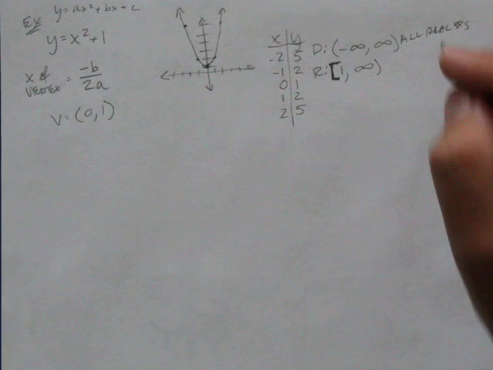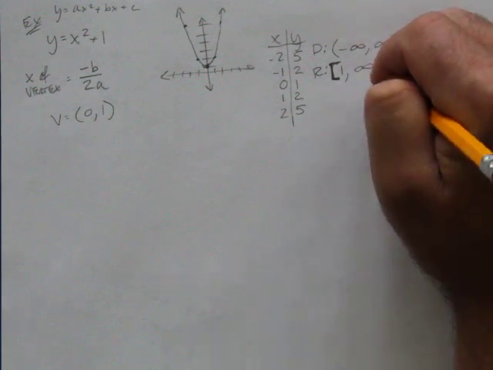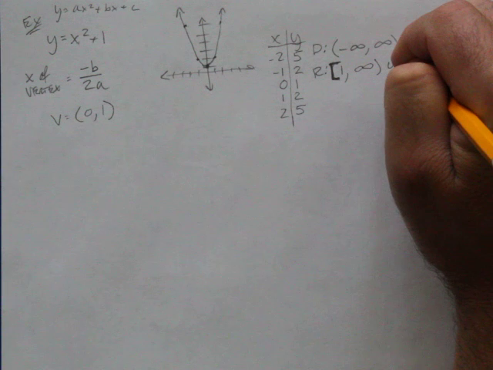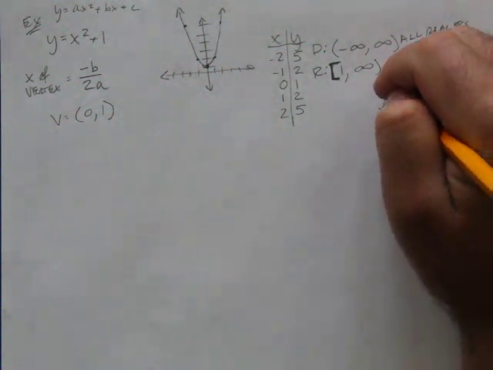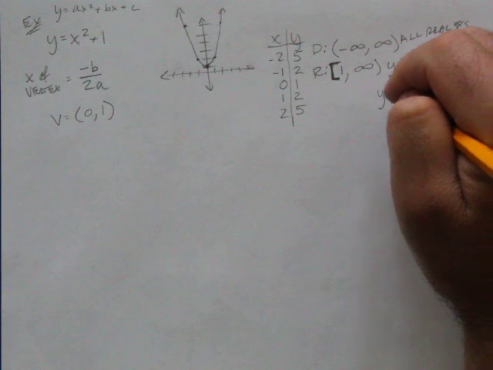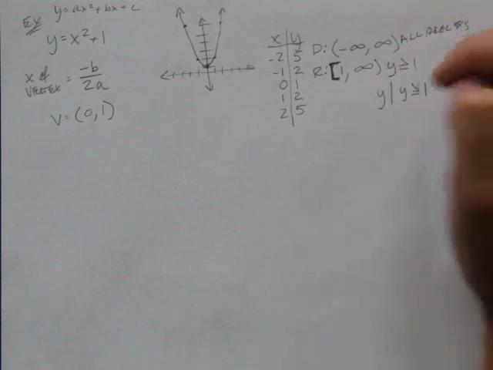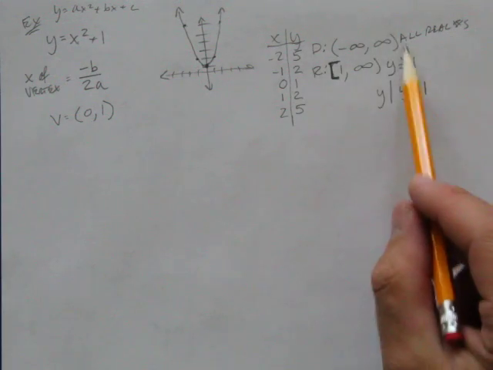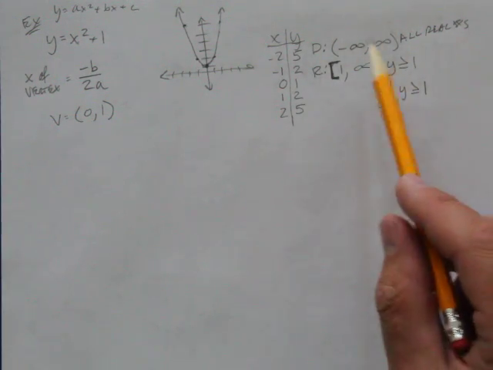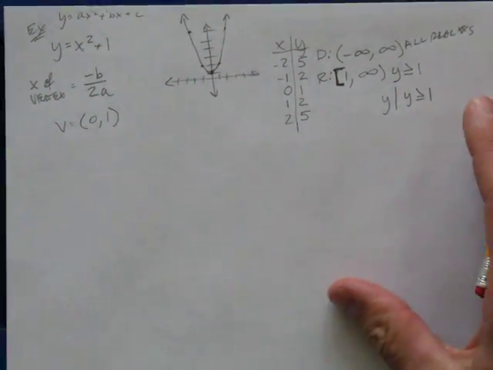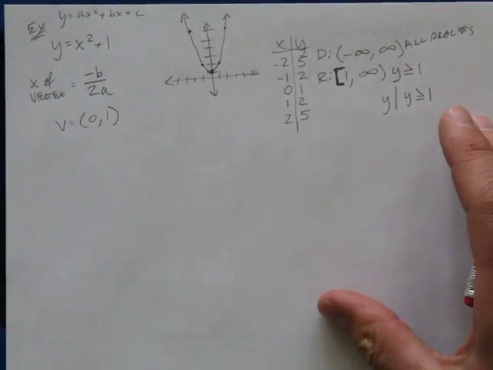Another way to write this is y is greater than or equal to 1. Or you might see it as y values like this with a line, and then y is greater than or equal to 1. I prefer this method, so this is the one that we're going to look at on the test and stuff generally, the interval notation here.